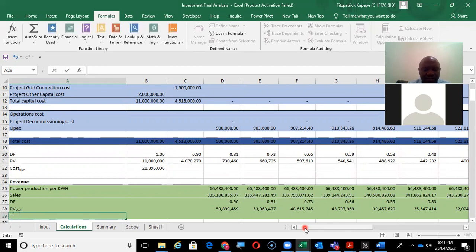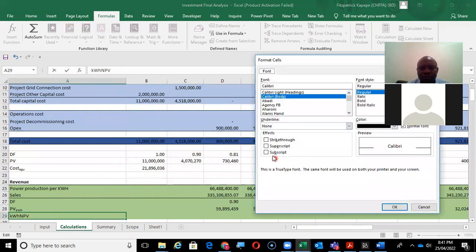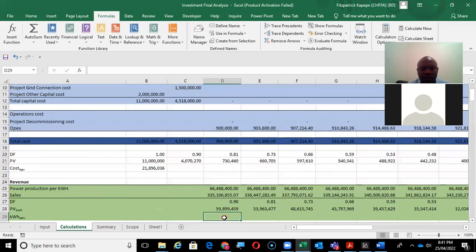Actually, I should do this. I should say kilowatt hours, NPV, net present value. Okay, so I'll show you what I was doing with the students from University of Pretoria.